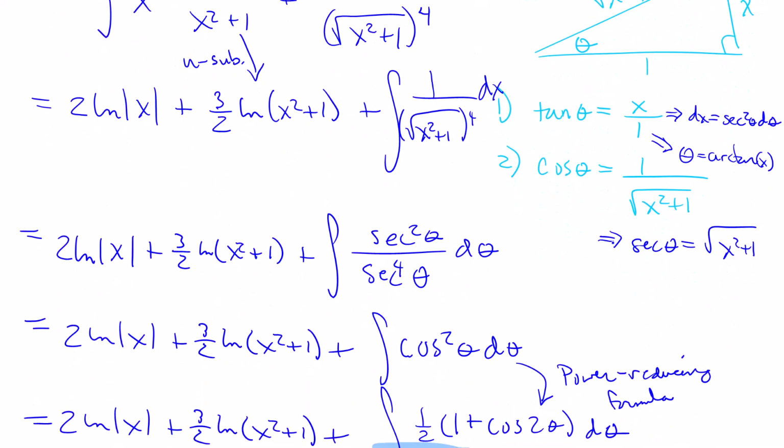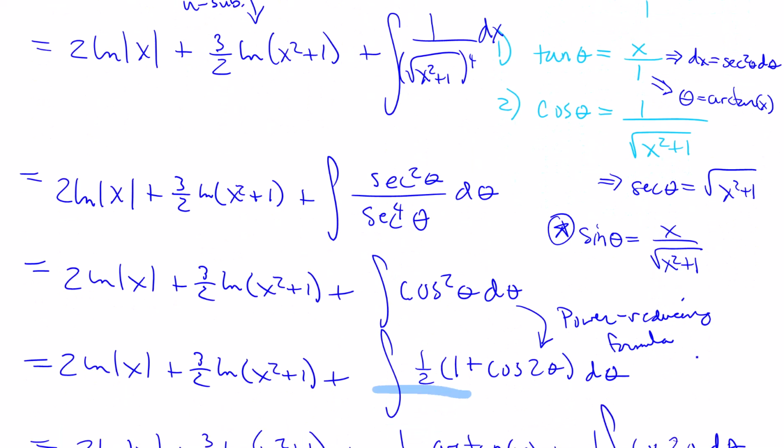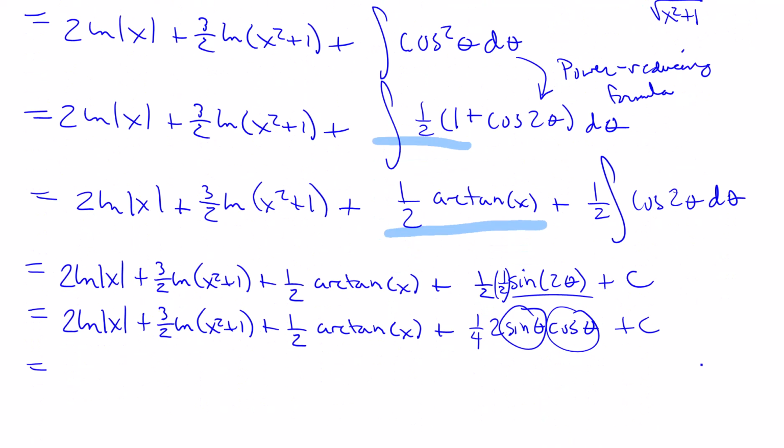Sine is opposite over hypotenuse. So let me add this in as an extra little note here. We'll say sine theta. We hadn't computed it before, but now we definitely want it because we came out with this identity we just used. So sine theta equals opposite, which is x, over hypotenuse, which is the square root of x squared plus 1. And that we can use to replace the sine theta we have here.